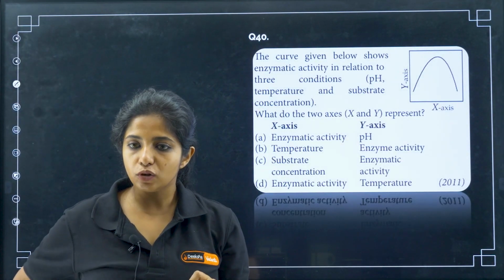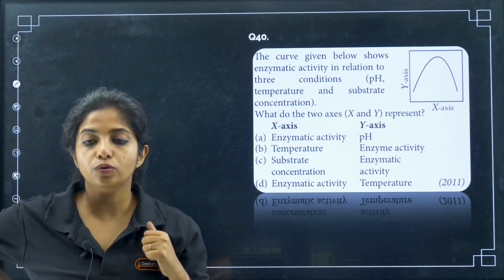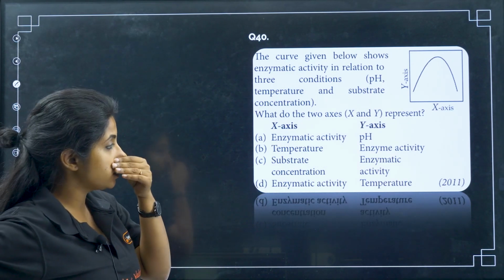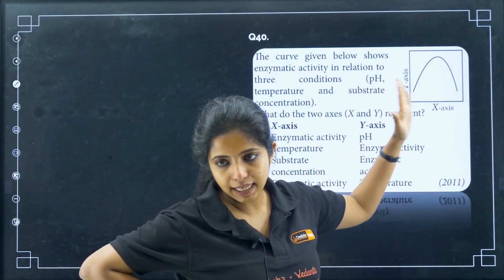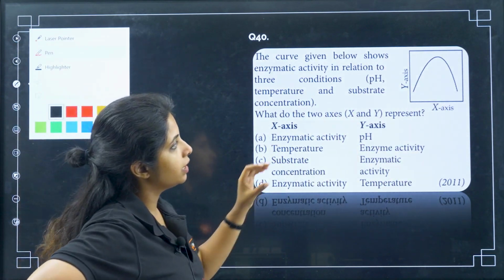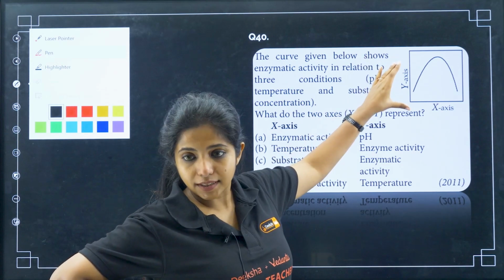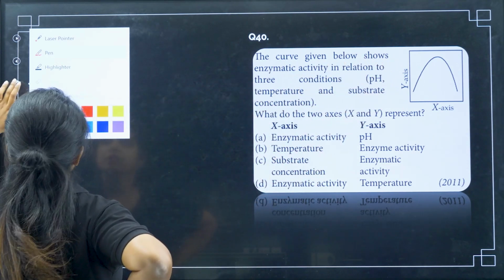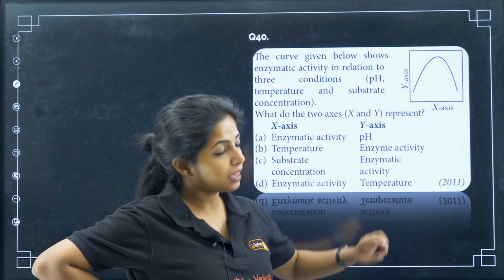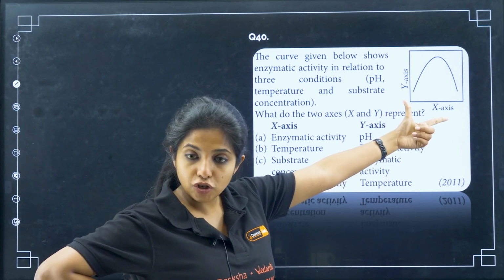The curve given below shows enzymatic activity in relation to three conditions: pH, temperature and substrate concentration. What do the axes represent? You have y-axis and you have x-axis over here. What do they represent? My dear children, y-axis represents what? The enzymatic activity. Okay, x-axis can be either pH or temperature.